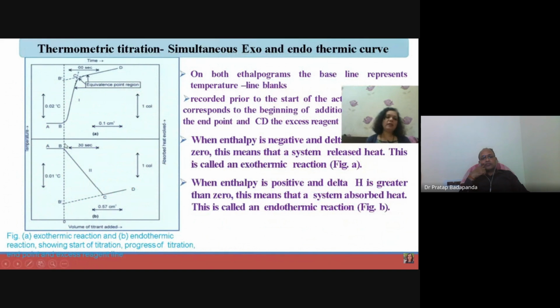Yes, here I have tried to show you exothermic as well as endothermic reactions simultaneously, to find out the progress of the reaction and the end point during the titration. When we have both of them, we can call it an enthalpogram, where we are finding out the enthalpy change.